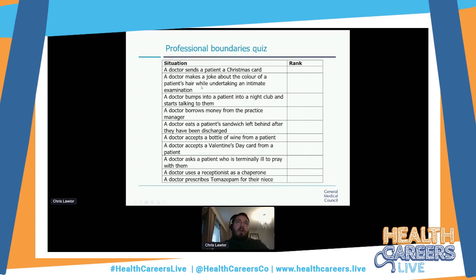So second one down, making a joke about the colour of a patient's hair while undertaking an intimate examination is obviously absolutely inappropriate and not something that should be happening. There is very clear guidance around carrying out intimate examinations, and the guidance is very clear that you should only be talking to a patient about things that are relevant to the examination that is taking place.